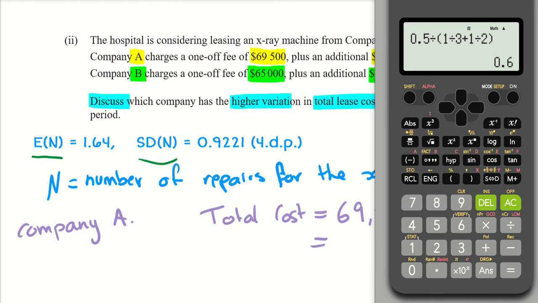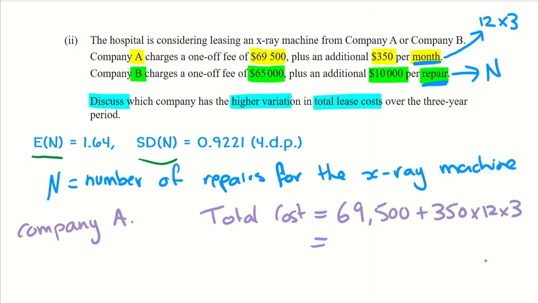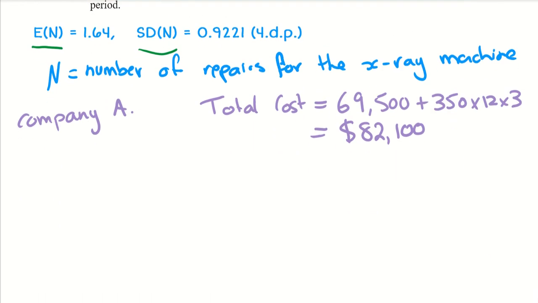So I'm going to do 69,500 plus 350 times 12 times 3. That gives me a total cost of 82,100. So that is the equation for company A.